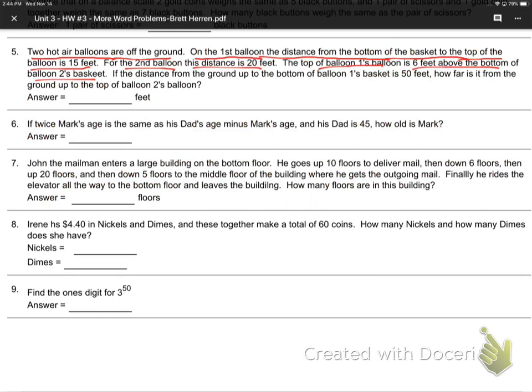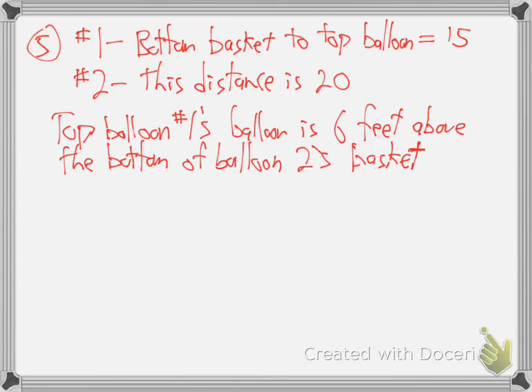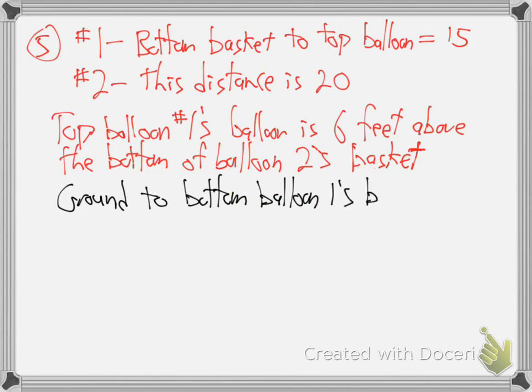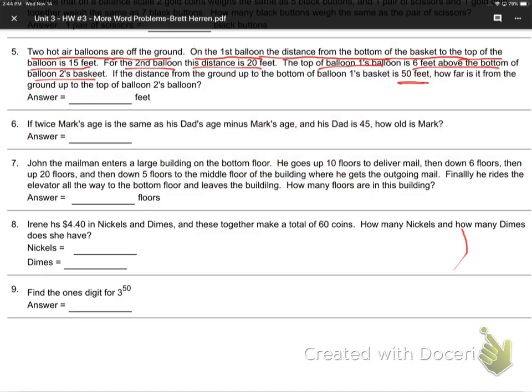If the distance from the ground up to the bottom of balloon 1's basket is 50 feet, so let me write that down. Ground to bottom of balloon 1's basket equals 50. Is that right?